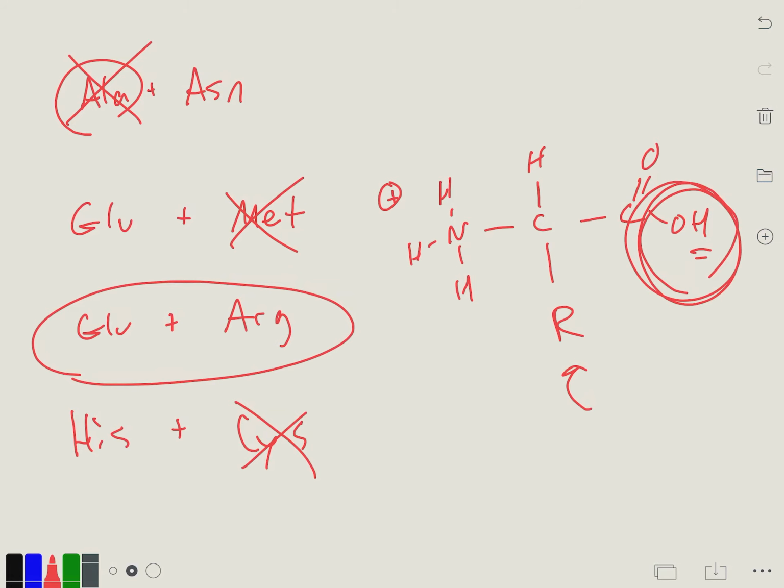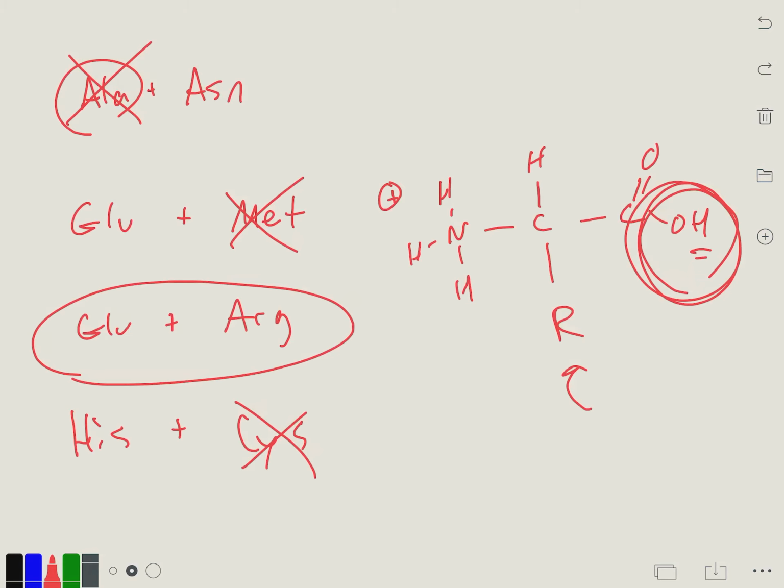When it loses it, like at physiological pH, and this is gone, there's a negative charge there. So this becomes glutamate, or aspartate, even though they are glutamic acid and aspartic acid.